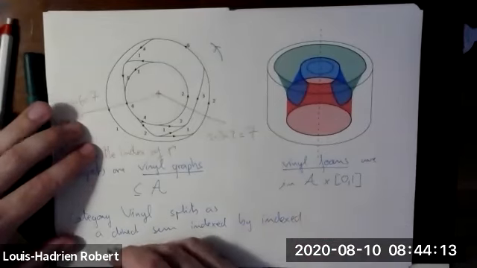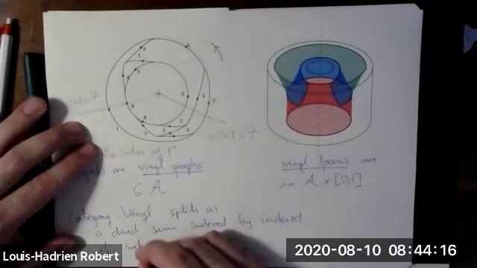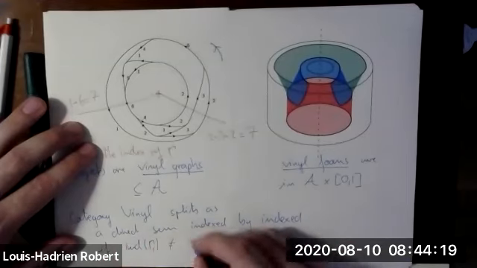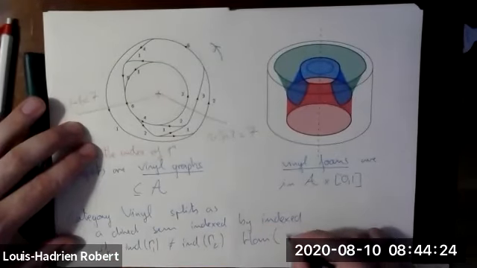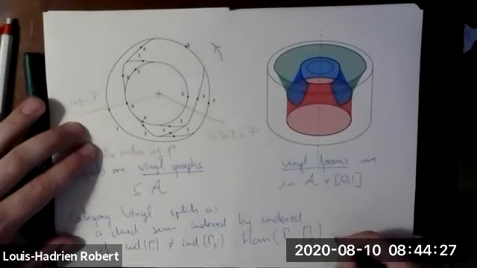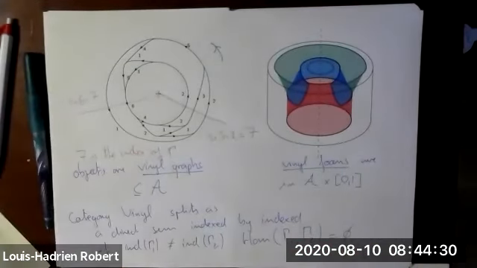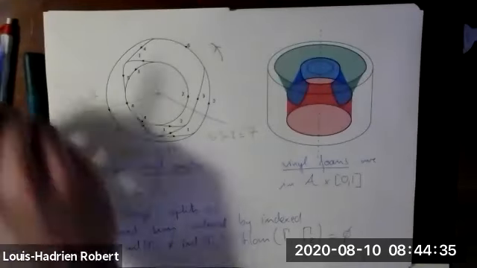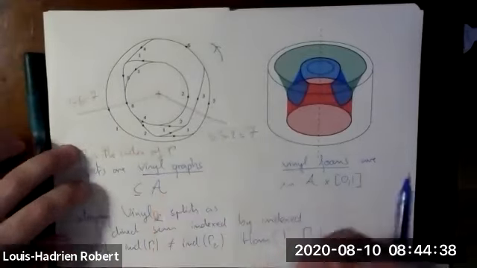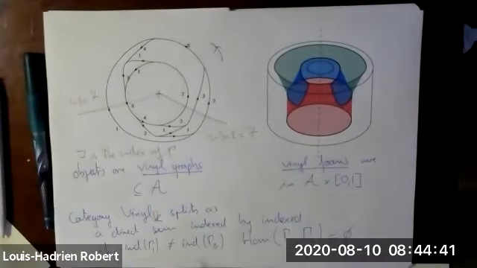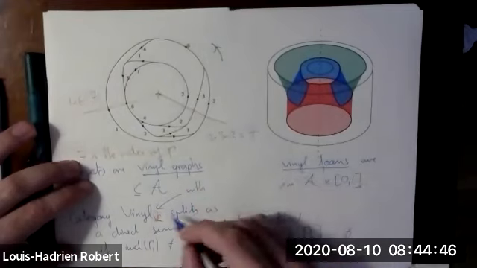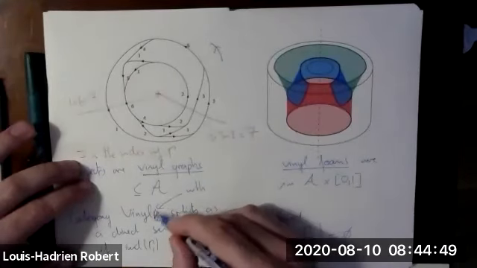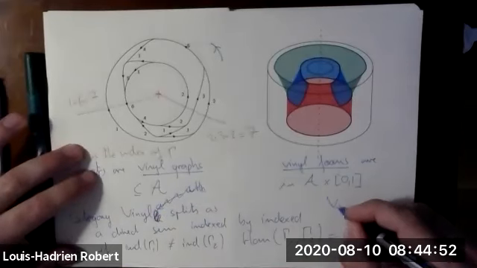In other words, if the index of gamma 1 is different from the index of gamma 2, then the space of morphisms between gamma 1 and gamma 2 is empty. So I can consider the category Vinyl_K, where I have a fixed index K.